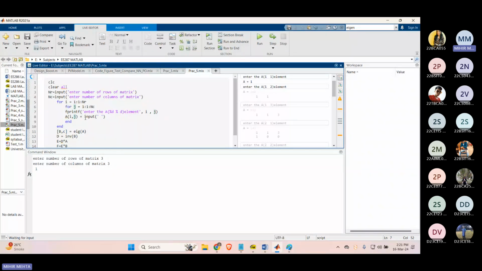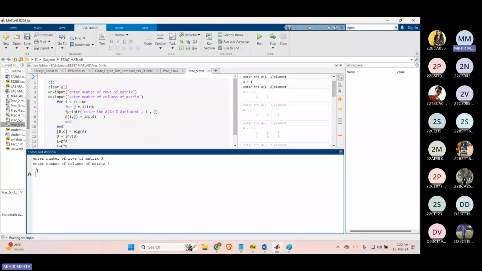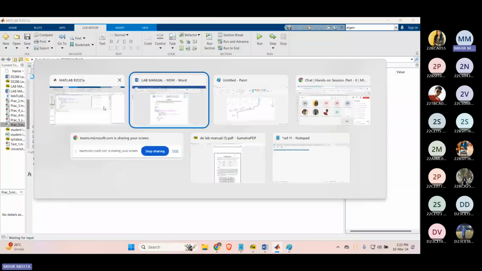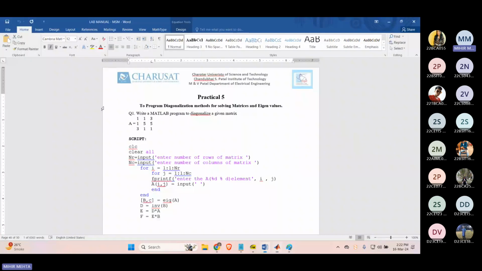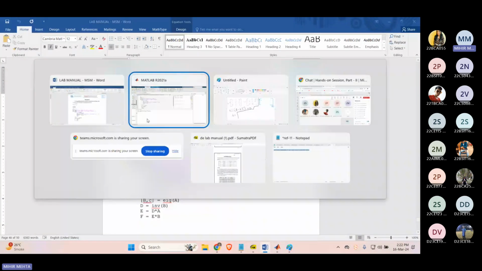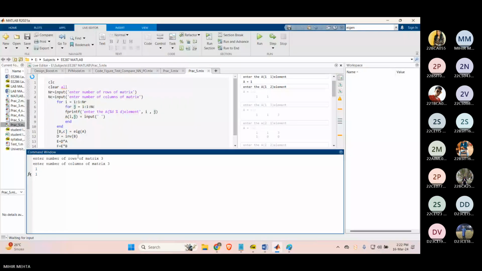Now here Aij, you need to input the value, so here, if I click, my cursor would be here, which says I need to input this particular value. Now again, let us go back to our Word file where my matrix is 1 1 3. Okay, so my second value of the matrix, that is 1 comma 2 is 1. So I'll again enter the value here as 1.